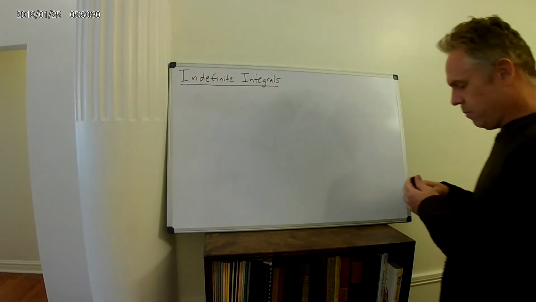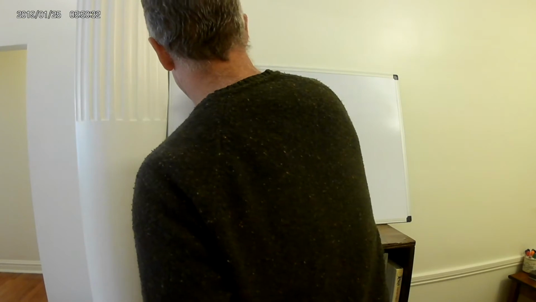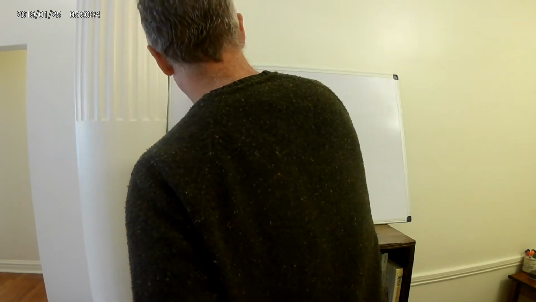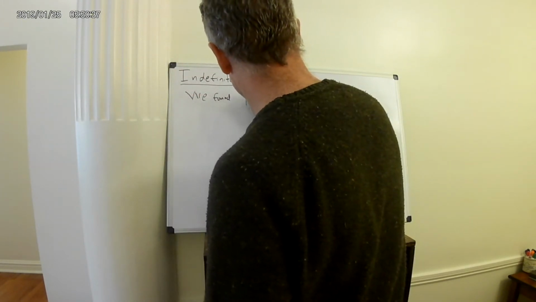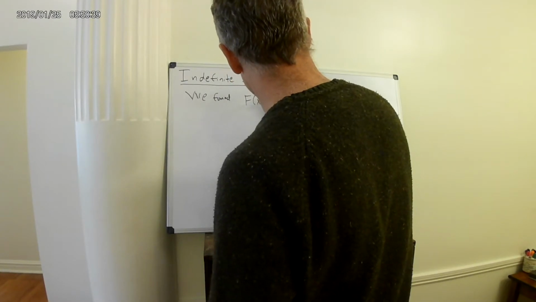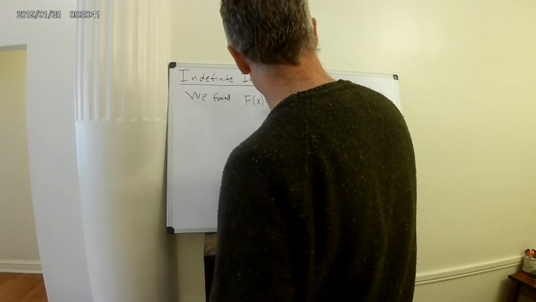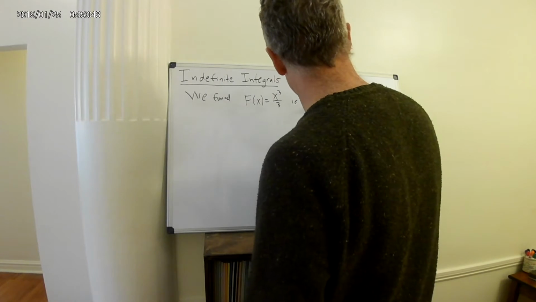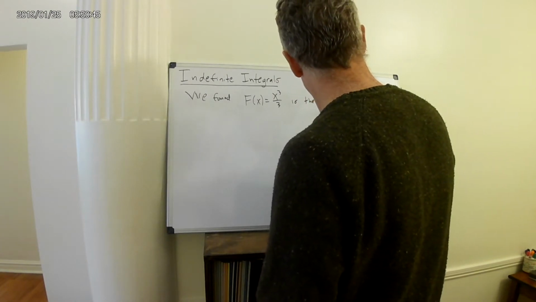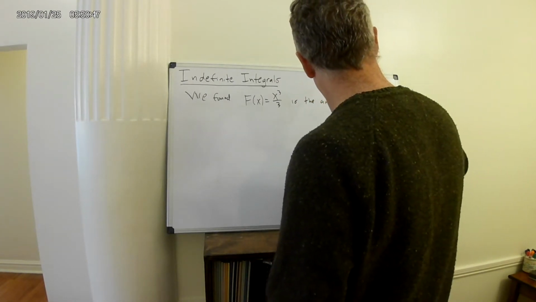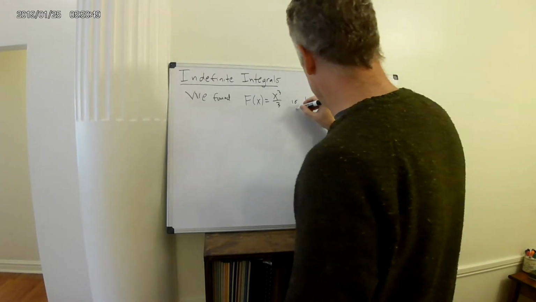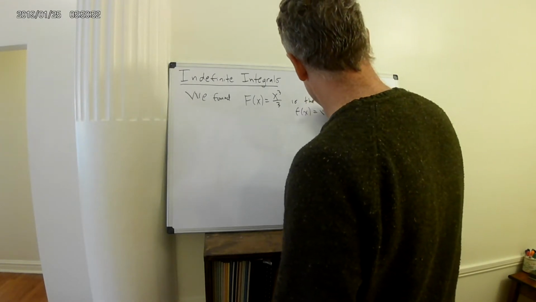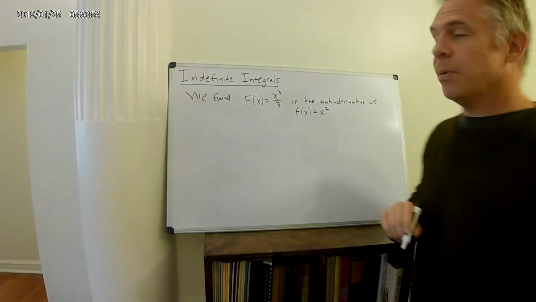One point I want to make about this is, let's talk about antiderivatives some more. Earlier we found that capital F of x equals x cubed over 3 is the antiderivative of lowercase f of x equals x squared. I believe this was an example problem we did.